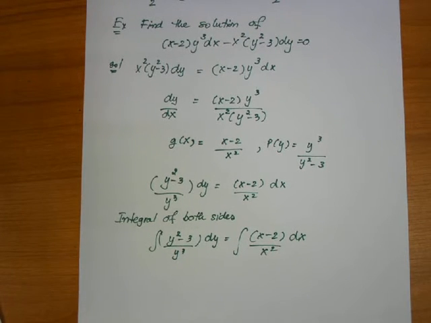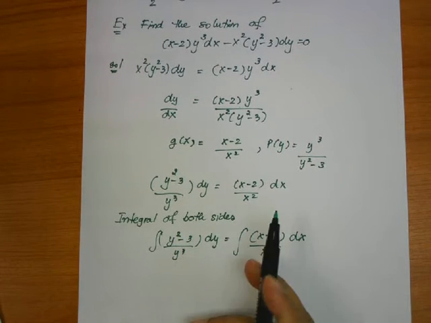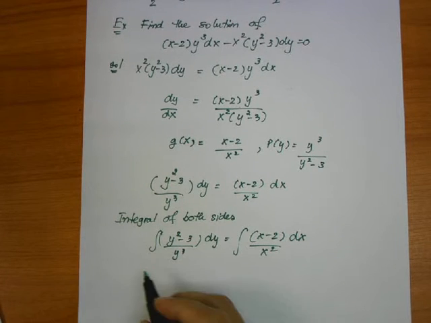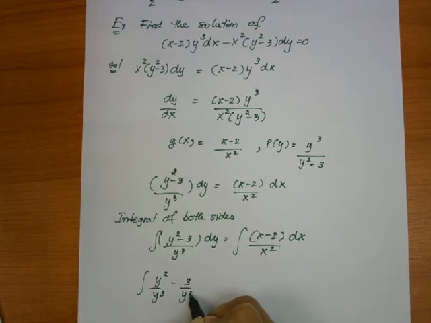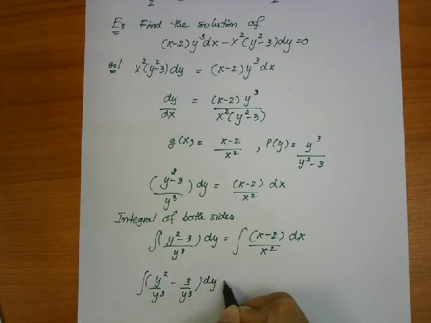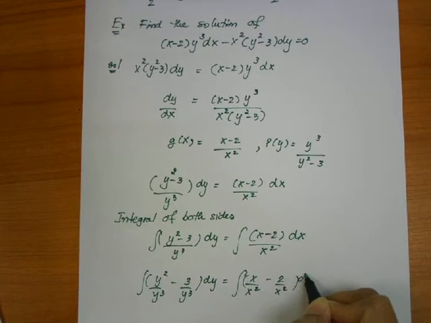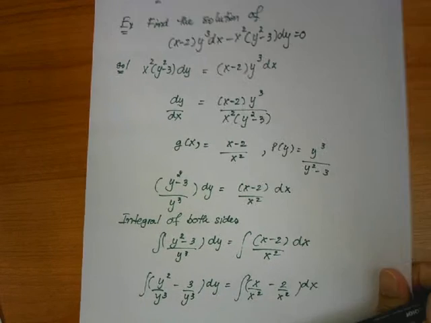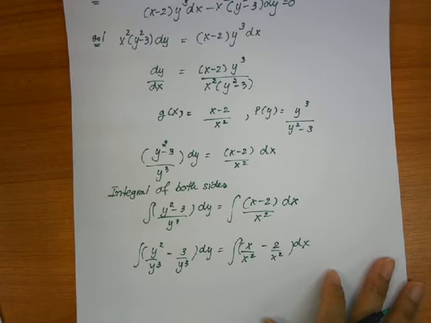Okay, so with this one, because the dividing term is y to the power 3, the way that you can do it is you separate into two terms, like this, by using the property of fractions.